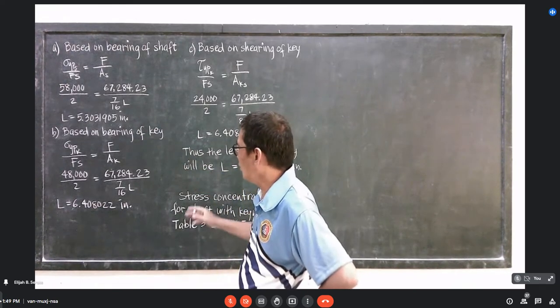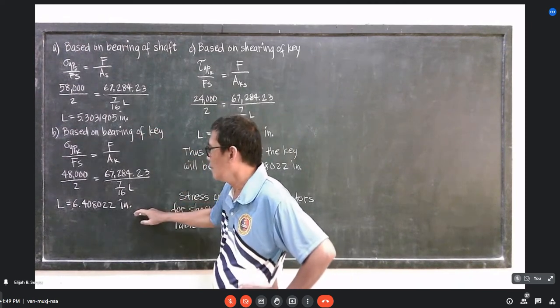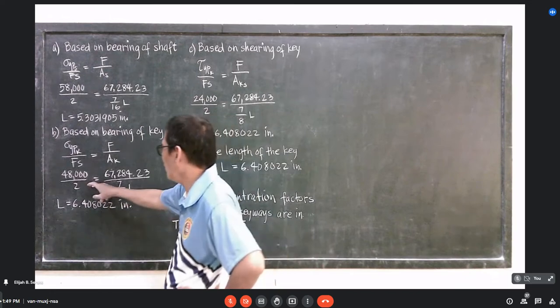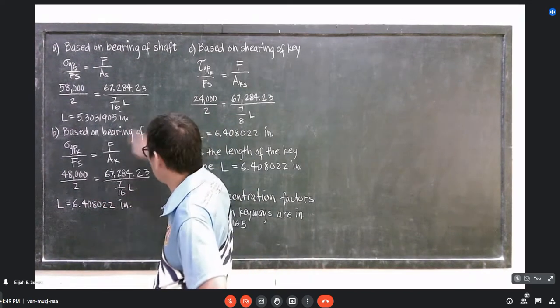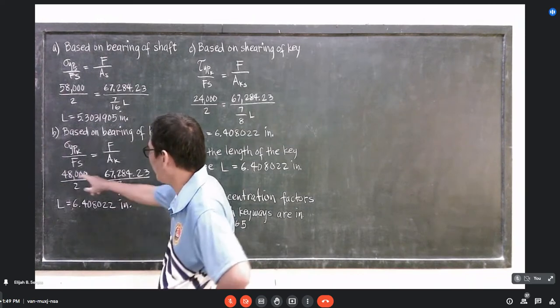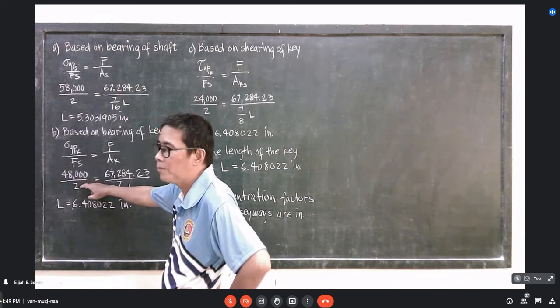Okay, so if we are going to use this, this will fail, no? Because if you use this, for example, the length is this one, our factor of safety will now be less than 2.